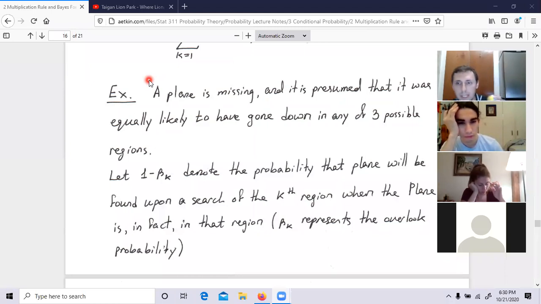You may assume it's equally likely to be in any of the regions, region 1, 2, or 3, before you search.